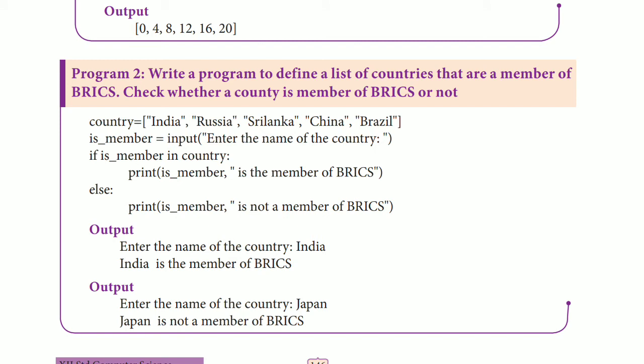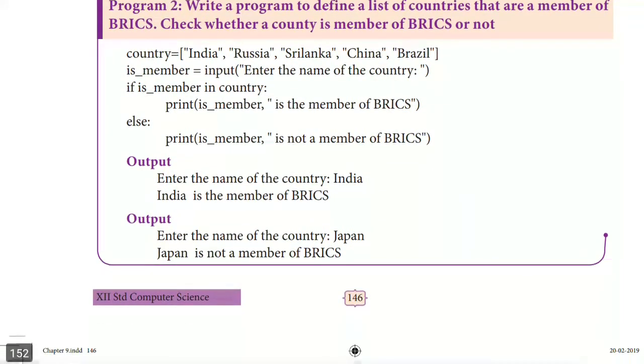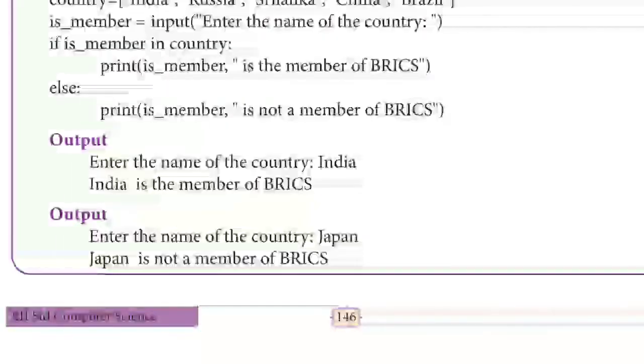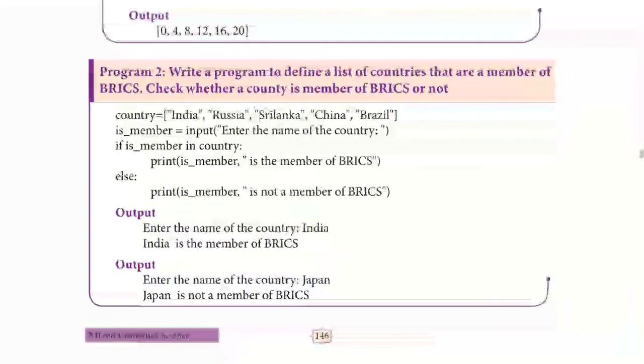If the country is present in the BRICS nation, then it will tell you this country is a member in BRICS nation. If a user enters some value which is not a BRICS nation, then it will give the output that Japan is not a member of BRICS nation. Okay, so this is the next program.